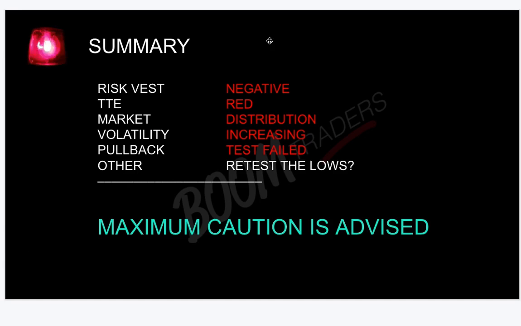So just in summary, the risk barometer is negative, the tactical trading environment is also on red, the breakouts are not working well, the market is under distribution, volatility is increasing, the pullback that we said we want to test failed, and we are likely going to retest the lows. So what we're saying is that maximum caution is advised, and we even suggest that there's pretty much no reason to be invested at the moment.